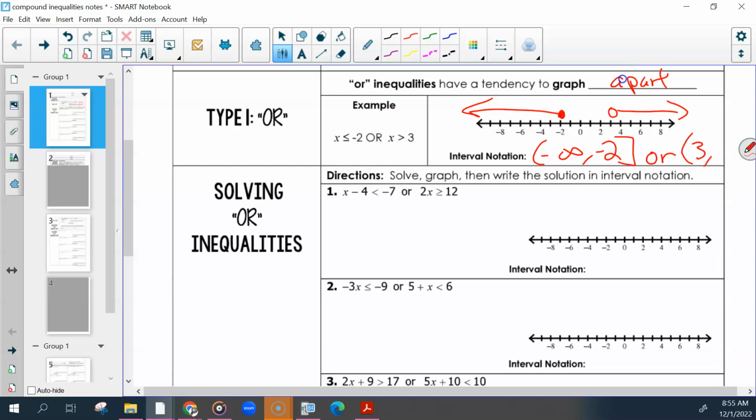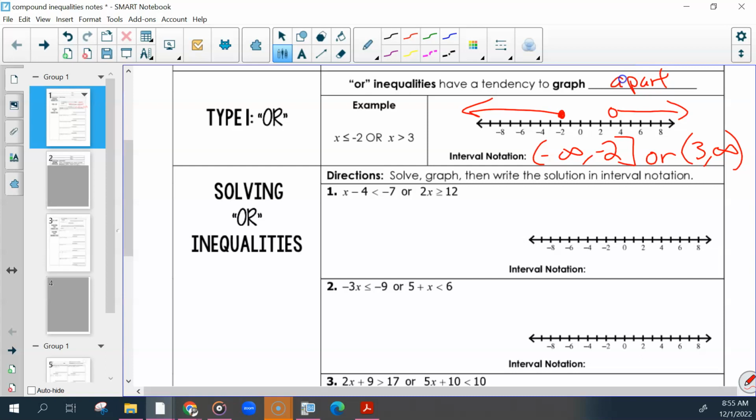And it keeps going to infinity. So now it'll be like two parts. So that's what it'll look like both on the graph and the interval notation. This is what it would look like for your inequality answer.